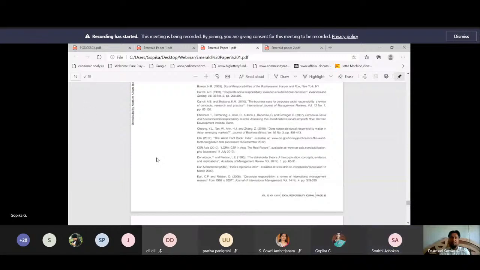Yes, my dear participant, I want to mention over here that there are different research papers. These research papers talk about the review of literature. Basically, this paper's researcher came to know about the views of CSR held by bank managers. She went to the bank managers and asked what they are doing with regard to CSR in India.